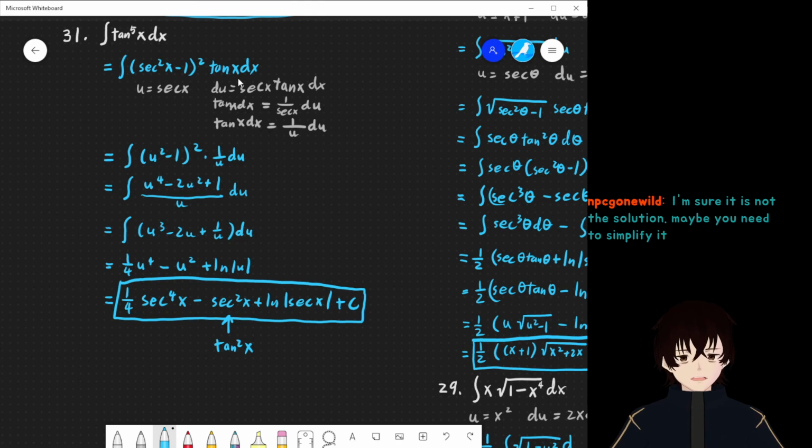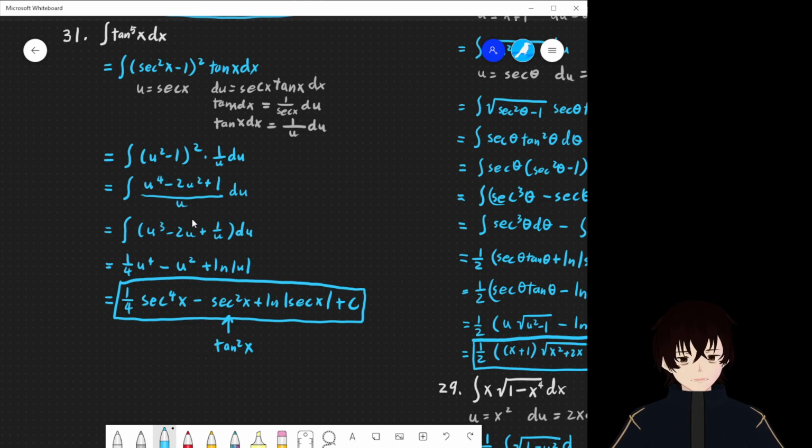Tangent x dx, that's what we have here, is equal to 1 over u du. Maybe this is not allowed? No idea why that wouldn't be allowed though. u squared minus 1.